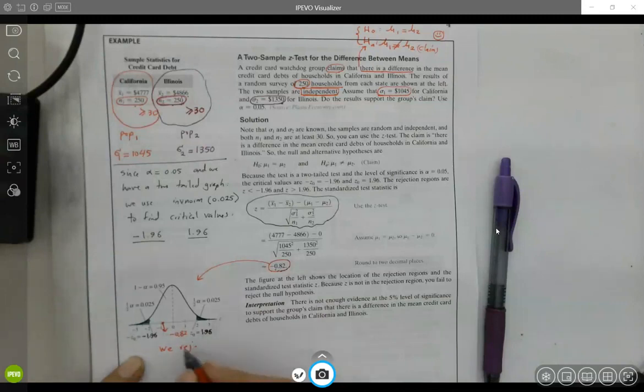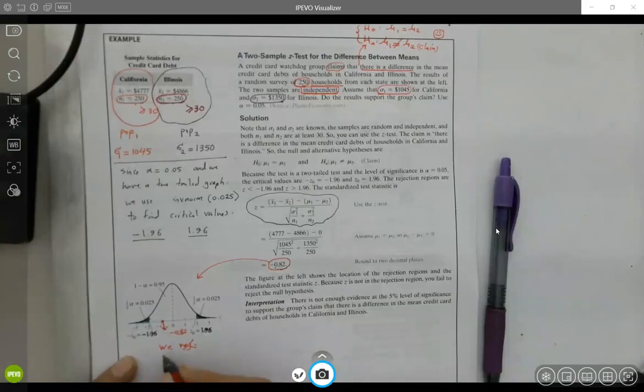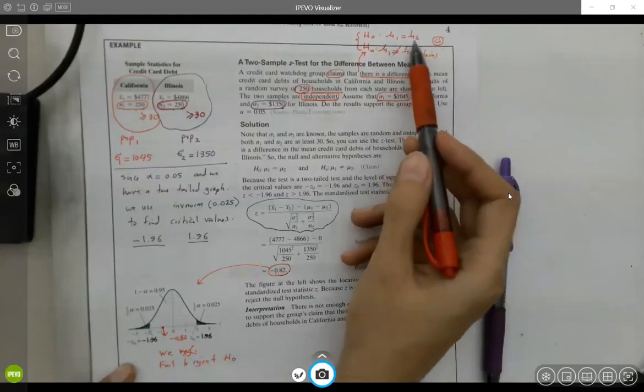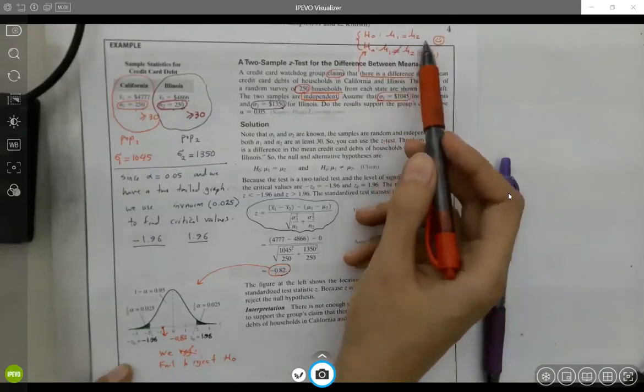Fail to reject. Very good. We fail to reject the null hypothesis. It means that we can say that we support the null hypothesis. We support that they are the same.